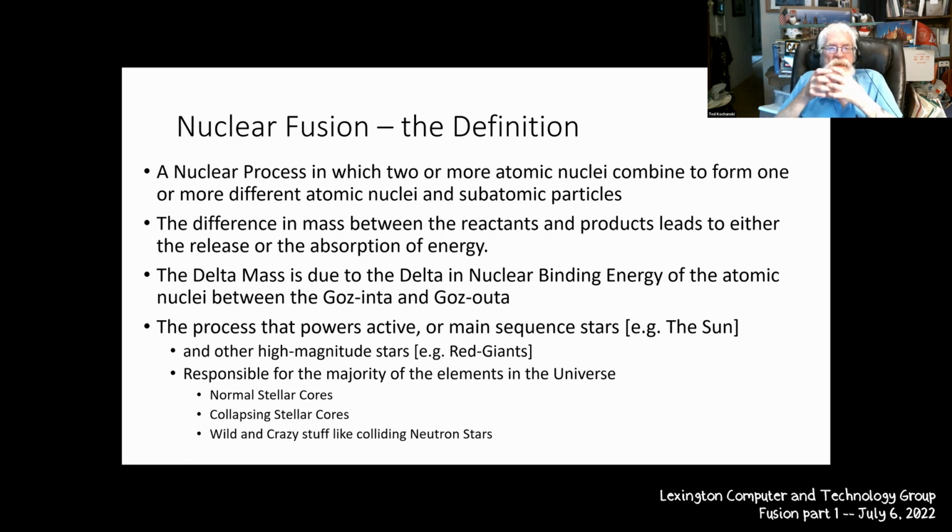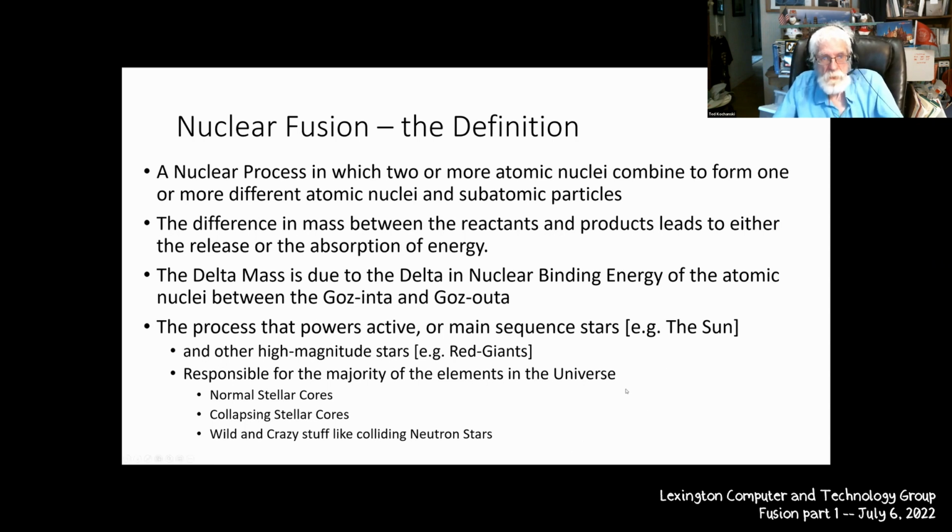Fusion powers stars in their main sequence, such as the sun, and also other parts of the stellar families that involve bright stars. The very dimmest stars are really just kind of cooling objects, and they don't really matter to it.